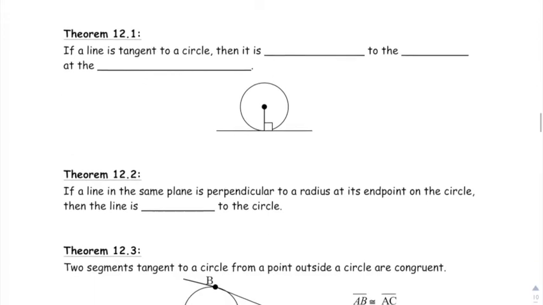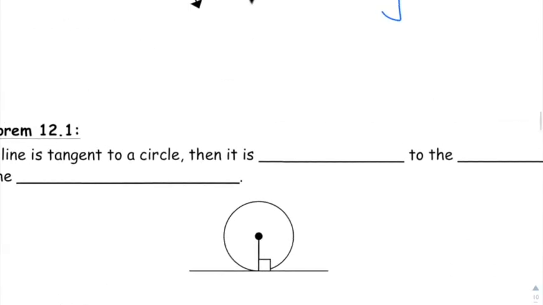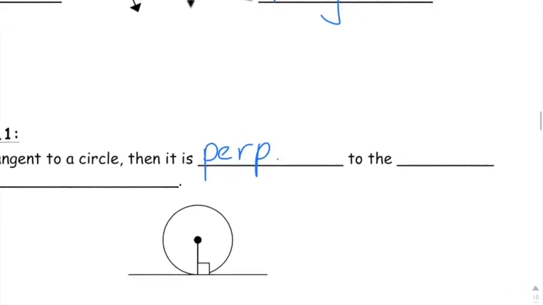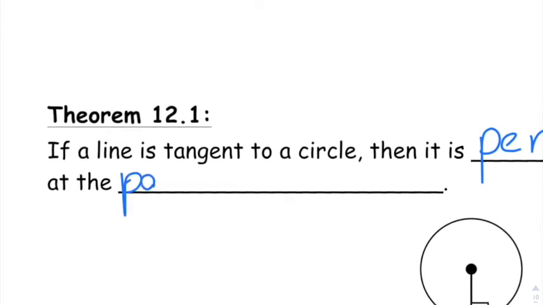So first thing here, if a line is tangent to a circle, then it is perpendicular to the radius at the point of tangency.